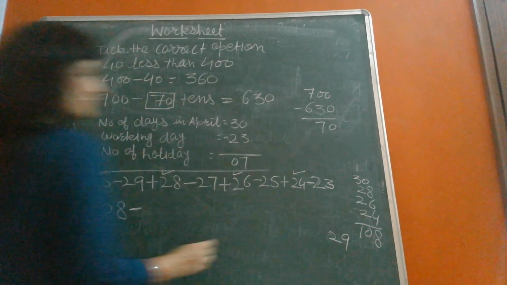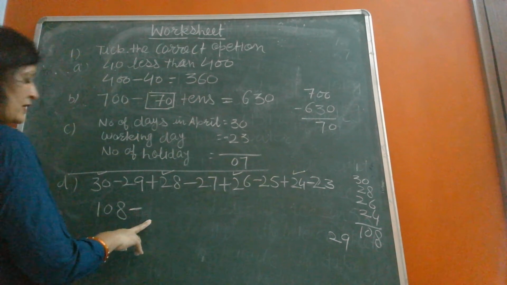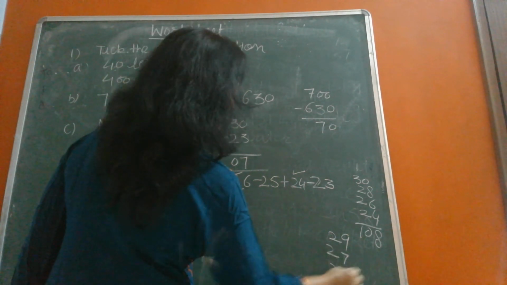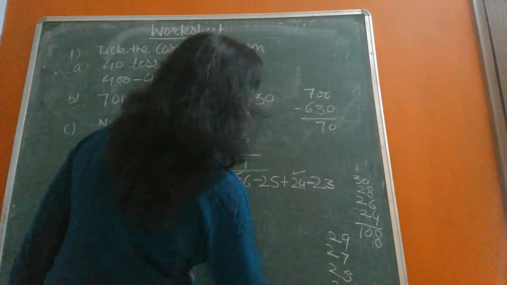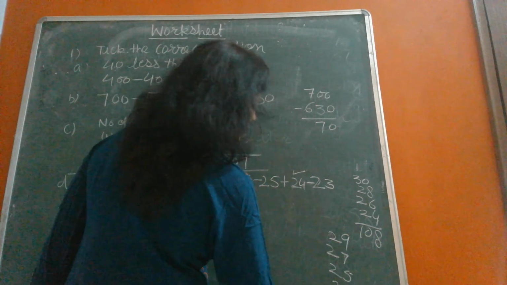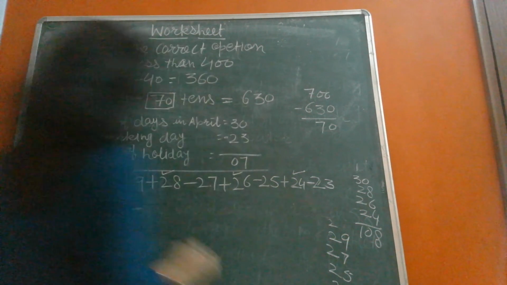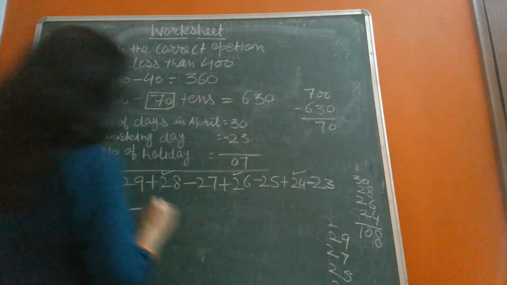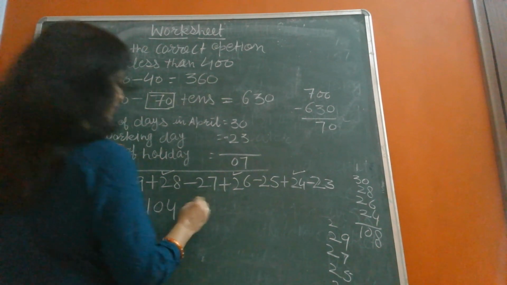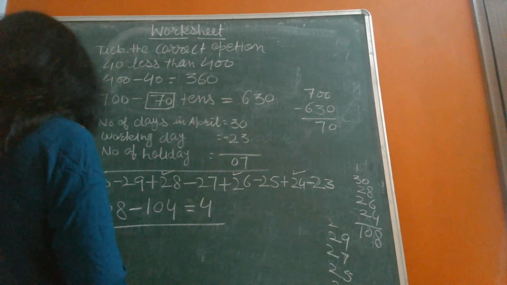We will add these numbers, but here the sign will be minus. 29, 27, 25 and 23 add up to 104. So 108 minus 104 is 4. The answer is 4.